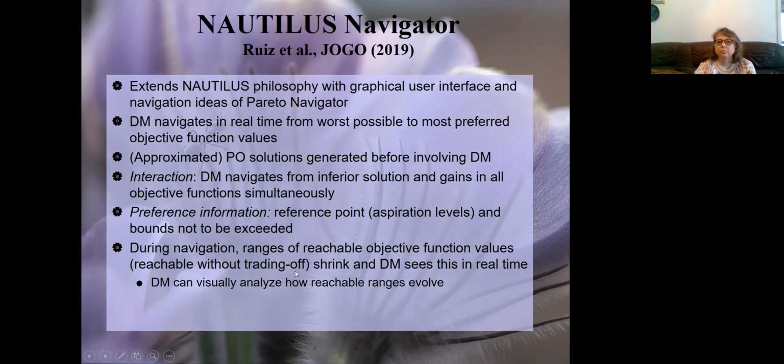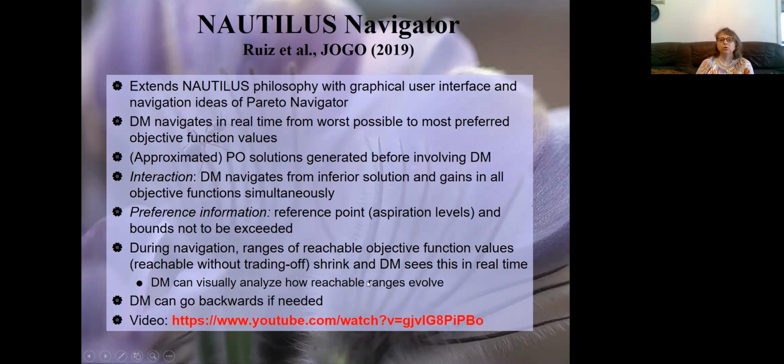And once again, as in the other cases, the decision maker can always go backwards if one wants to change the direction of movement, but it is easy to see the progress made. And we have also a YouTube video of Nautilus Navigator that you can watch if you like.